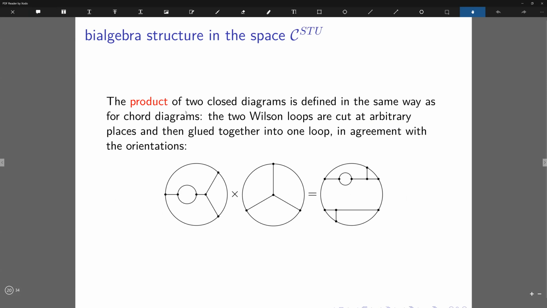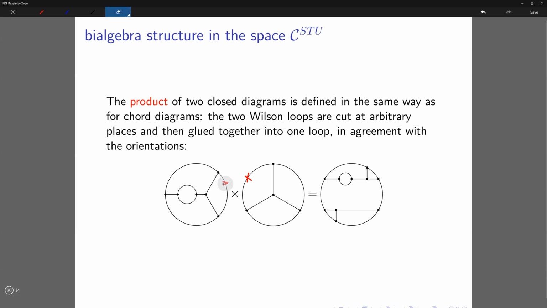So this is the product of these two closed diagrams. It's the same thing as with a chord diagram. Just cut it at some place and then glue it together. You can get the product of two closed diagrams. But you cut at the wrong point. Yes, yes.